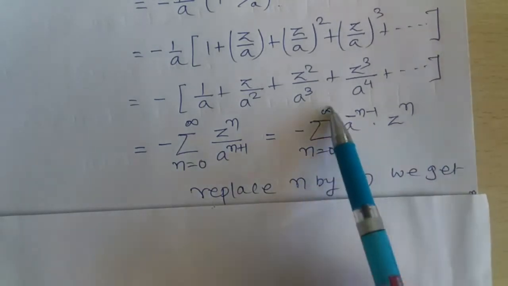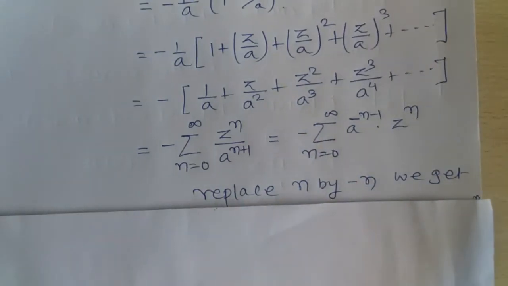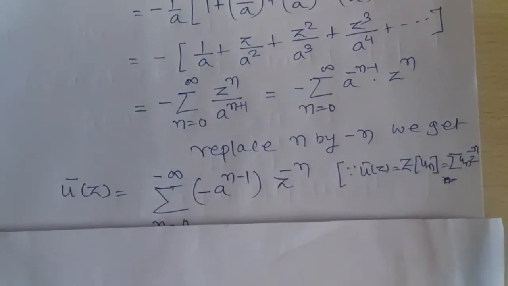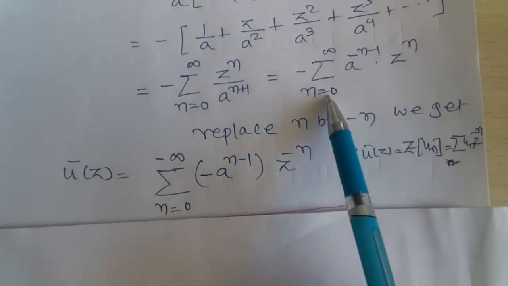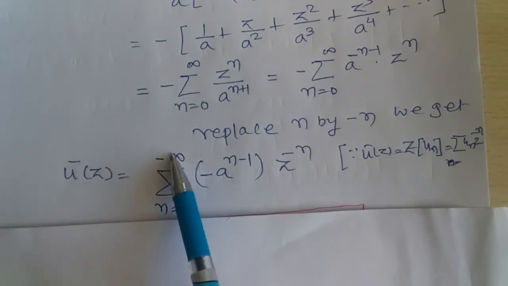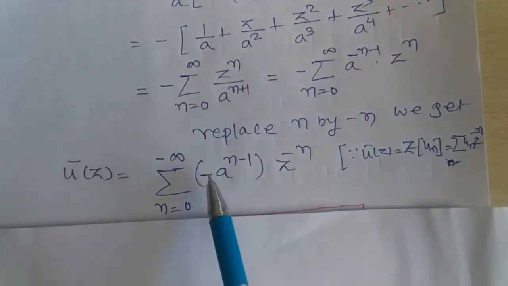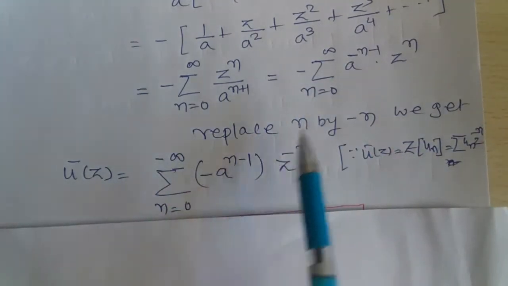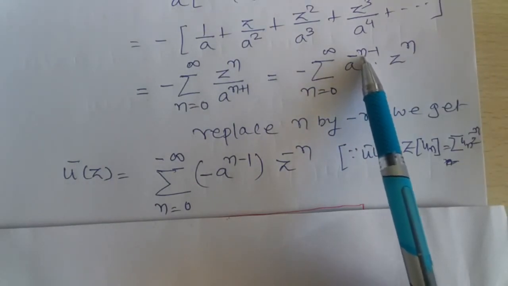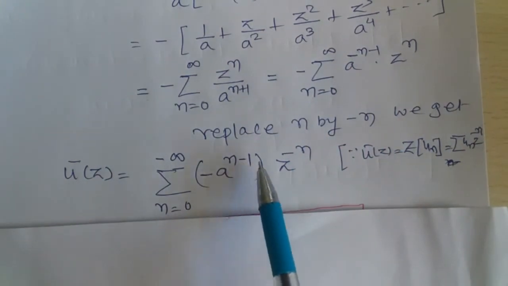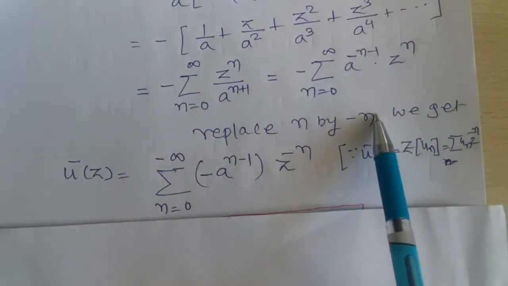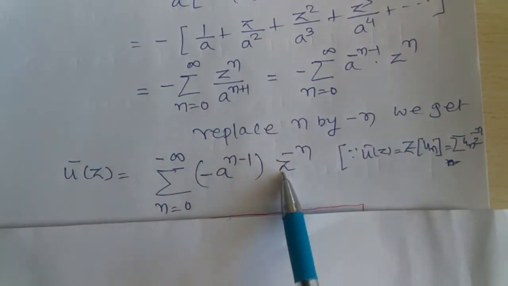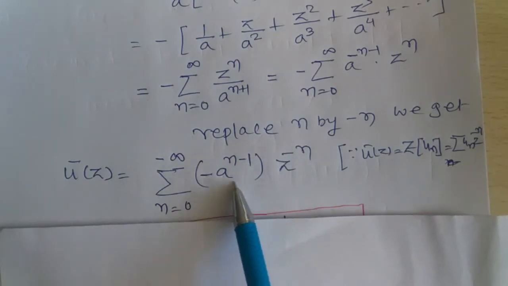So all n positive terms become negative, and therefore we have u bar z equal to summation n goes from 0 to minus infinity. Here the negative sign we write, minus a raised to n replaced by minus n, then we have plus n minus 1 into z power minus n. Now the coefficient of z power minus n is the required u n.